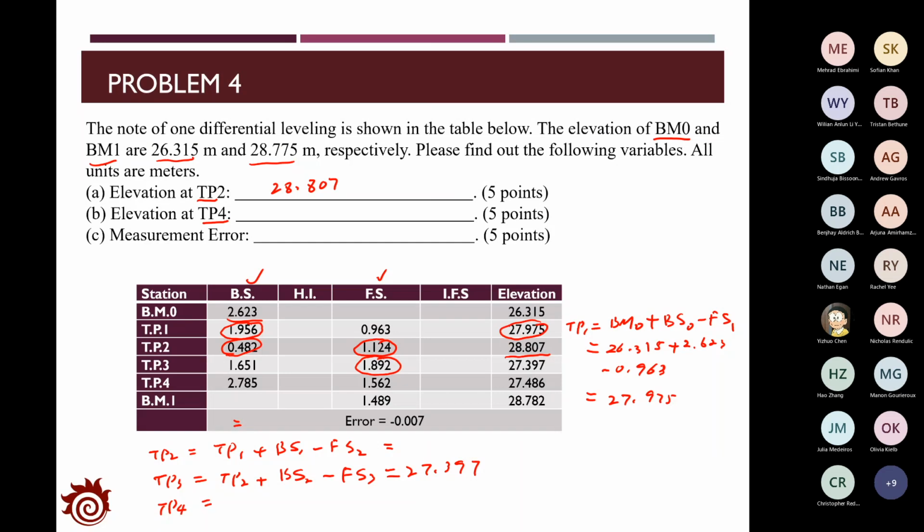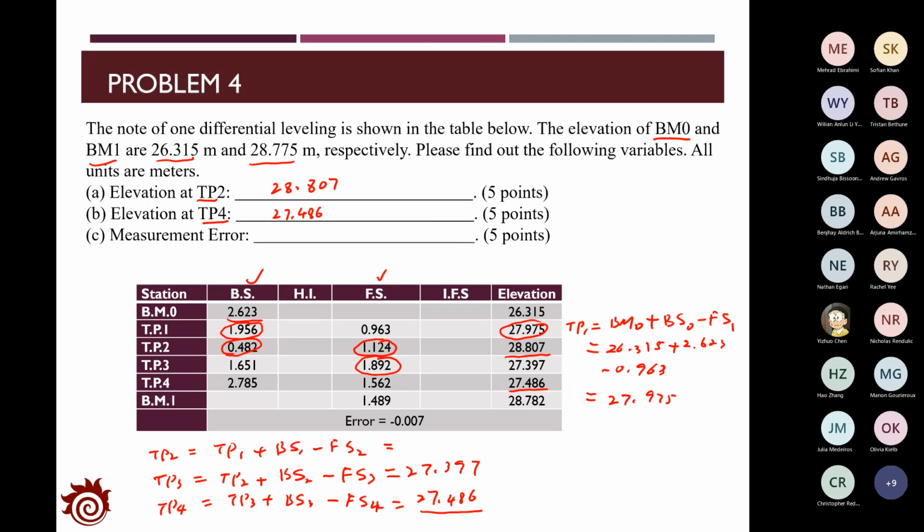You will have the result as turning point 3 plus backsight 3 minus foresight 4, which will give you the result as 27.486. So you have to put this value in your final answer.